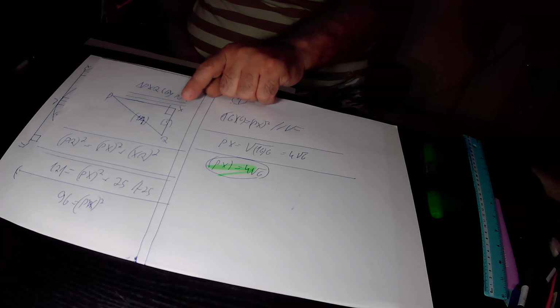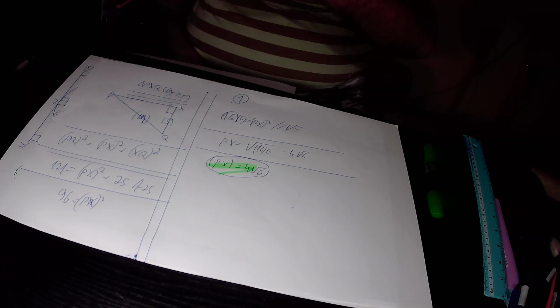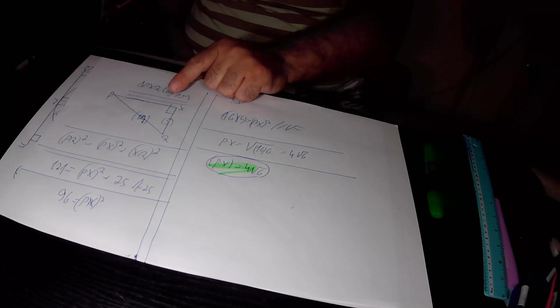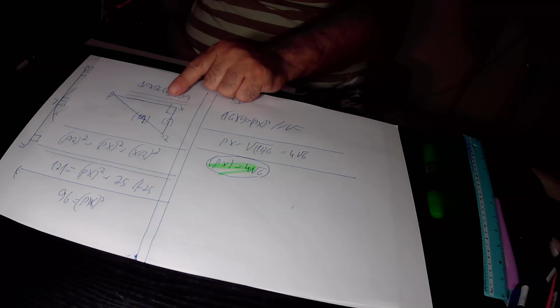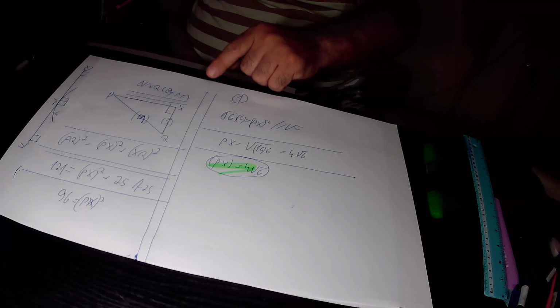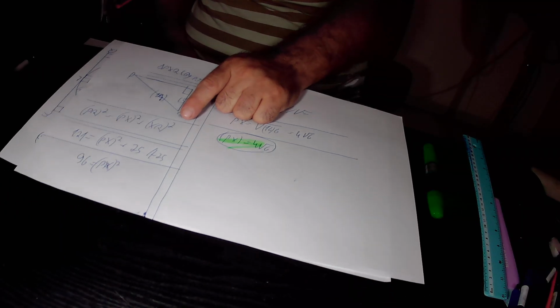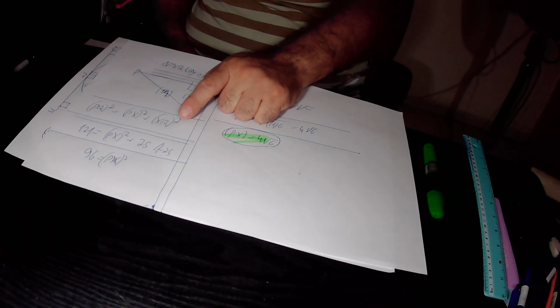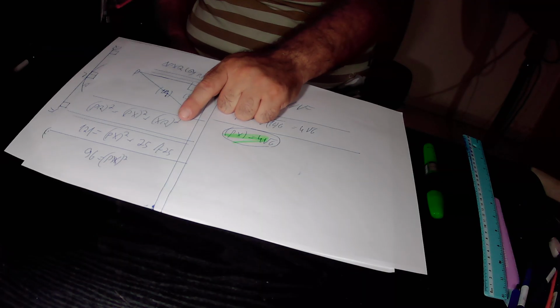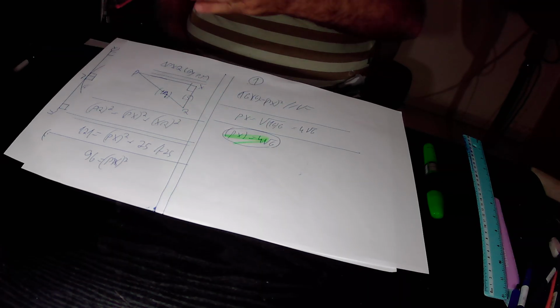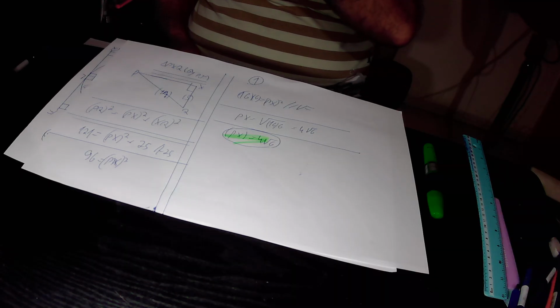PQ is 11, therefore PQ squared is 11 squared, this is 121, and this equals PX squared. PX is the missing side, so we leave it as it is, plus XQ squared. XQ is 5, therefore XQ squared is 25. So in total 121 equals PX squared plus 25. Here we subtract 25 from this equation, and we find that 121 minus 25 is 96. So 96 equals PX squared.